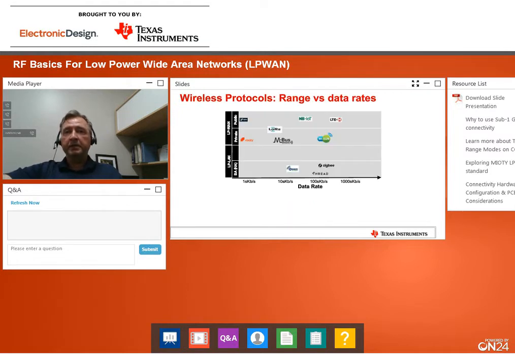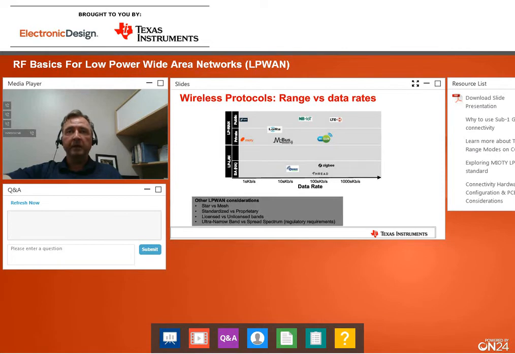If you look at the various types of wireless protocols, there are a lot of different protocols available, and each customer needs to make a choice which one is best for their end application. On my little chart here, I've just mentioned a couple, not in any kind of order.